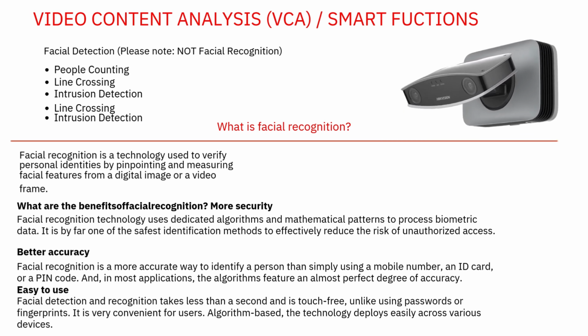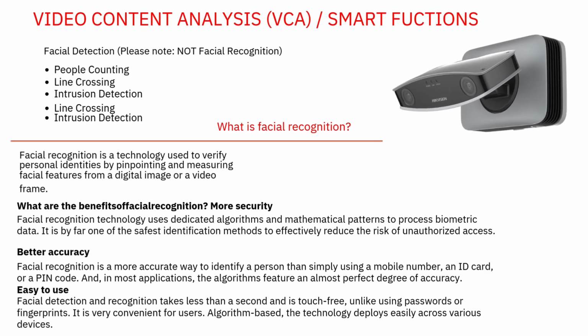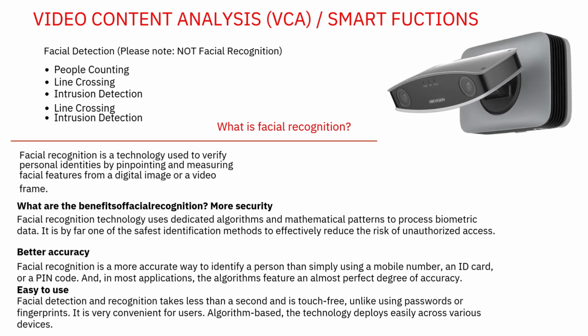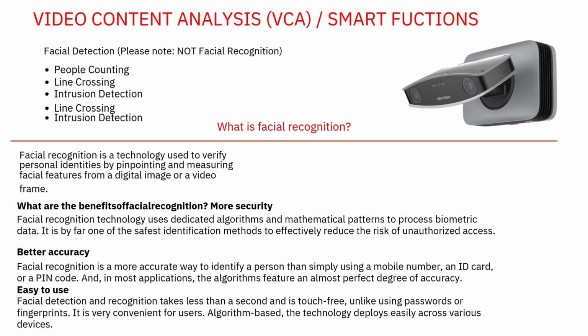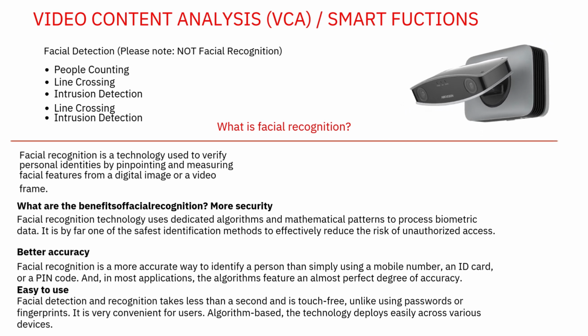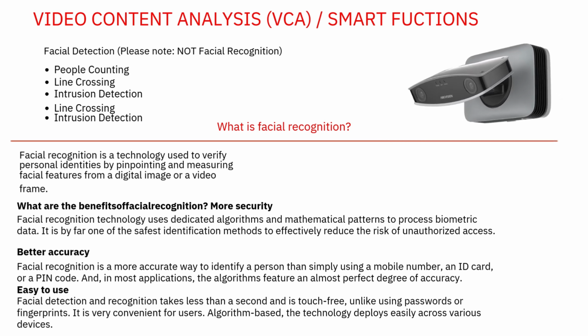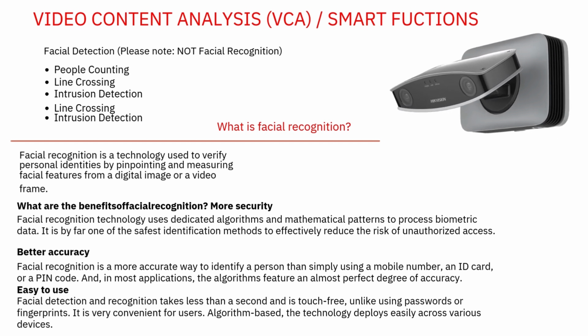Okay, so we have facial recognition. Let's explain that. What is facial recognition? It's a kind of camera that can recognize faces. It can verify a face by pinpointing and measuring facial features from a digital image or video. So these cameras are very smart. They can pinpoint, just like your phone camera, the way you open your phone with your face.